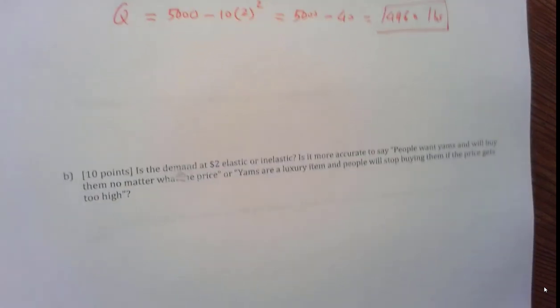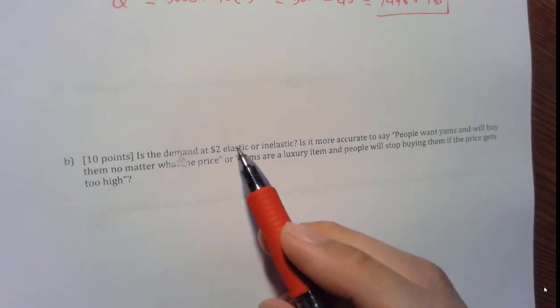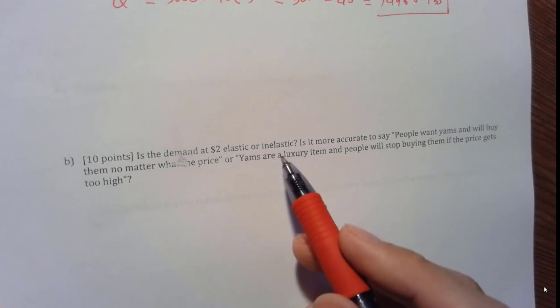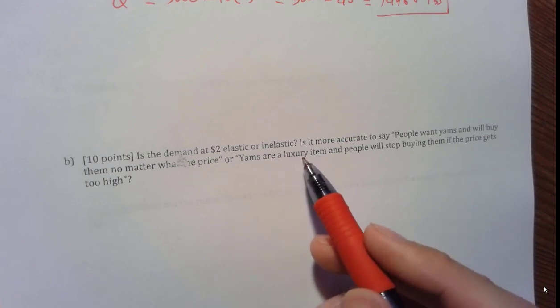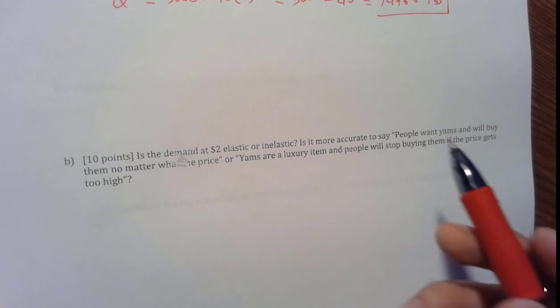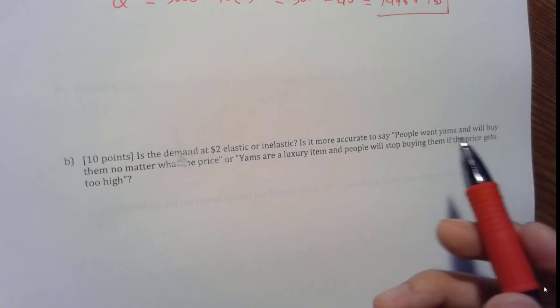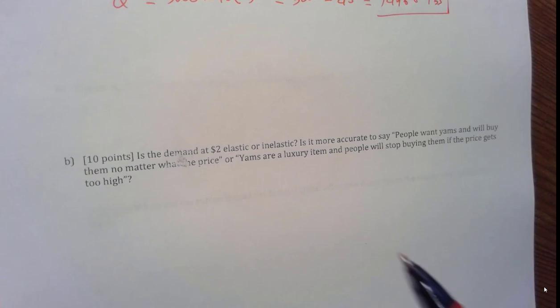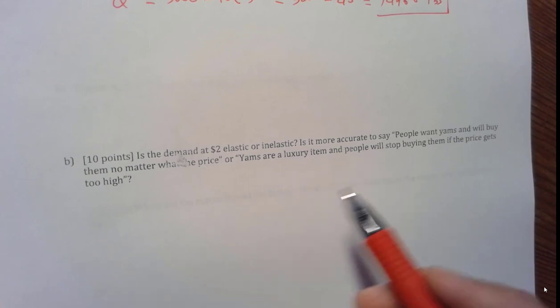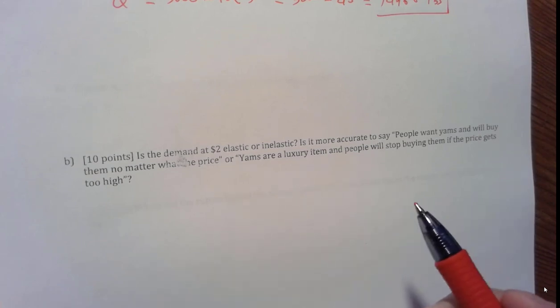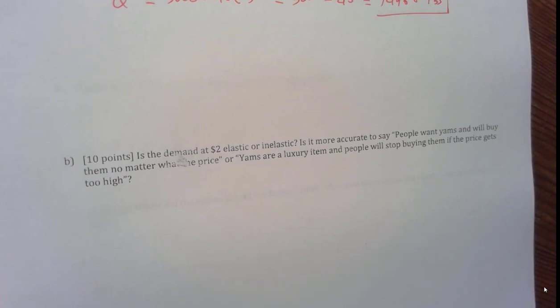Now the next question is: is the demand at $2 elastic or inelastic? And which is more accurate to say: people want yams and they will buy them no matter what the price is, or yams are luxury items and people will stop buying them if the price gets too high?